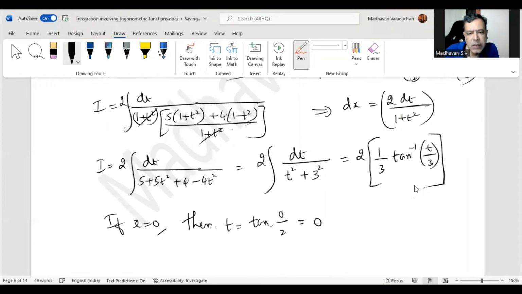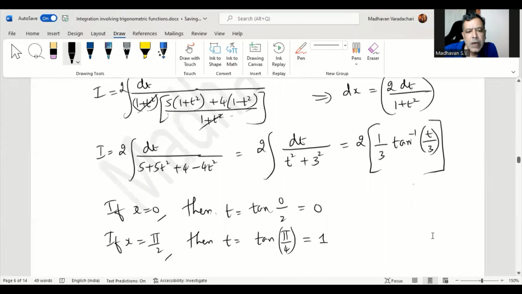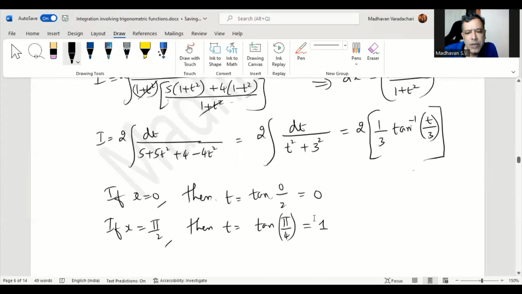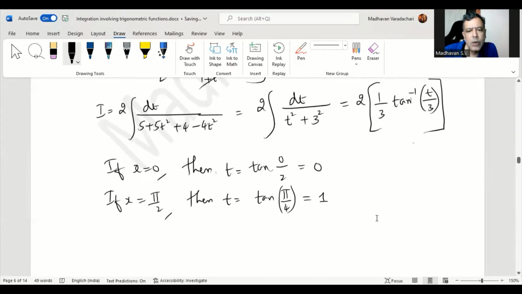Tan 0 is 0. Then if x is pi by 2, then t is tan pi by 4, which is tan 45, and that is 1. So our limiting values in terms of t become 0 to 1.